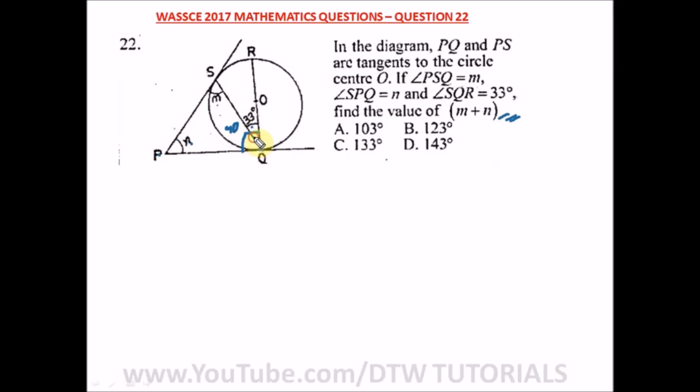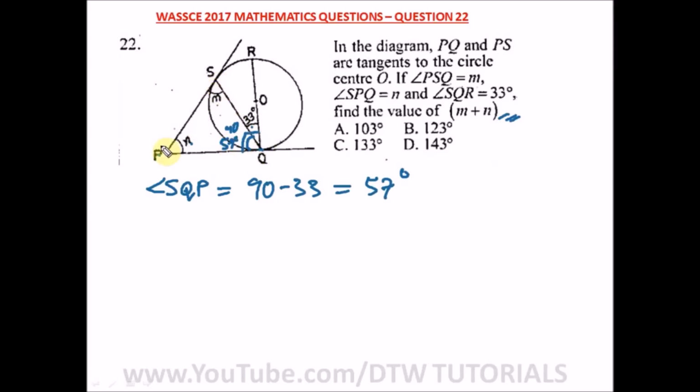To get this small angle, angle SQP, it will be 90 minus 33. And what would that give us? That would give us 57 degrees.